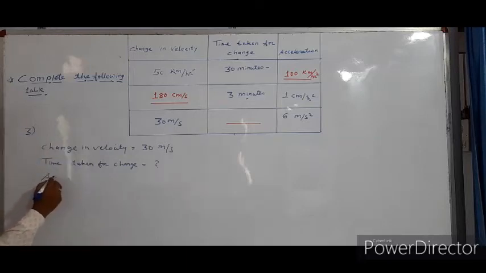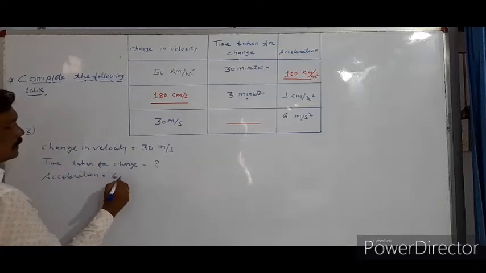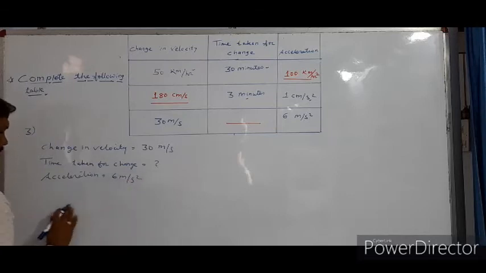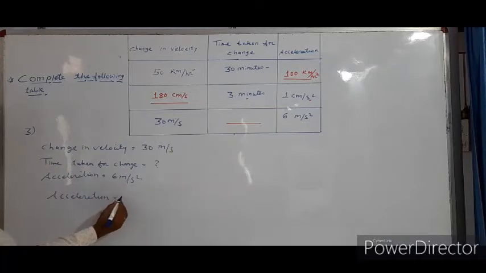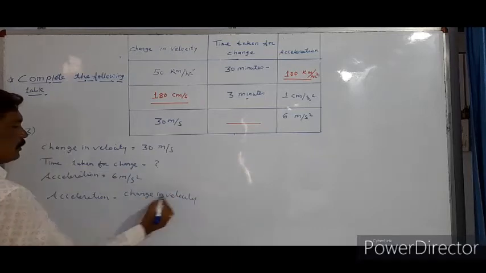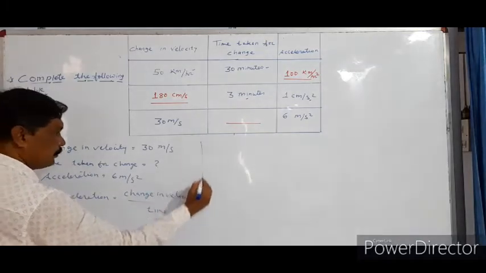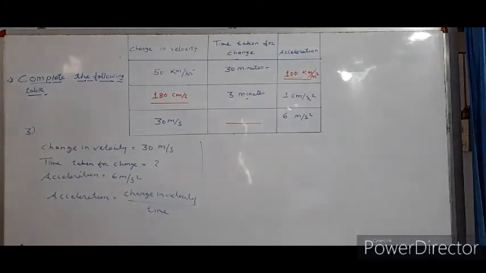Acceleration is given, and acceleration is equal to 6 meter per second square. We know the formula. Acceleration is equal to change in velocity upon time. We have to find time.